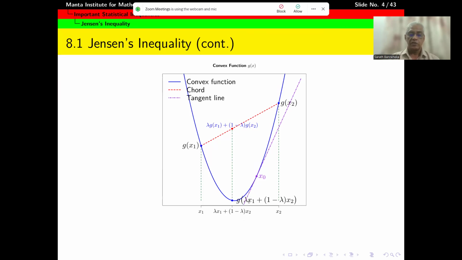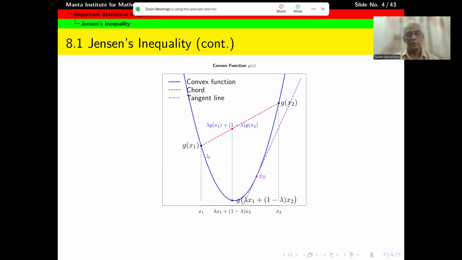If you consider any x value here, the corresponding point on the curve is above the corresponding point on the tangent. If you consider any point here, again, the corresponding point on the graph will be above the corresponding value on the tangent. So that is another way.